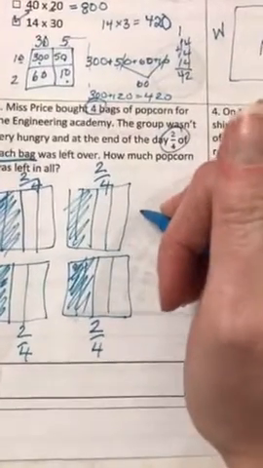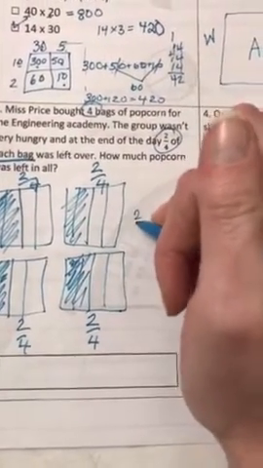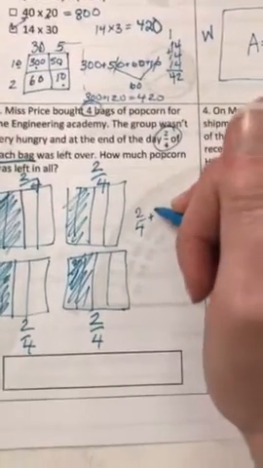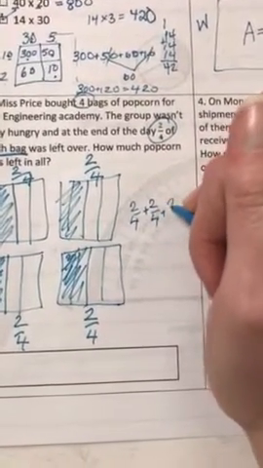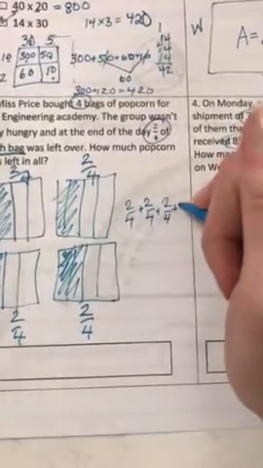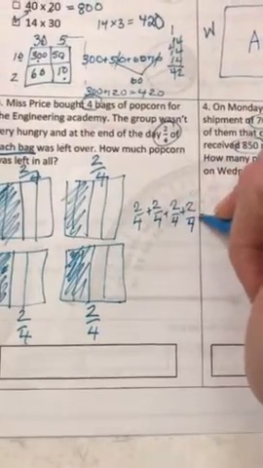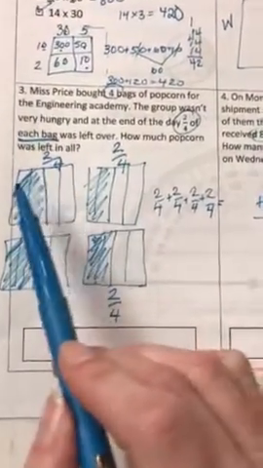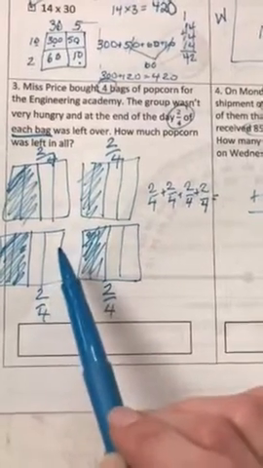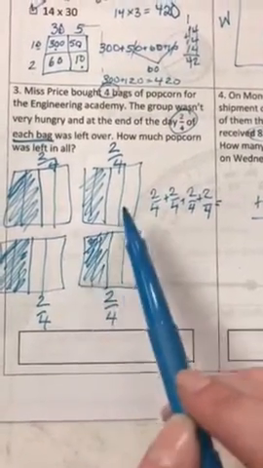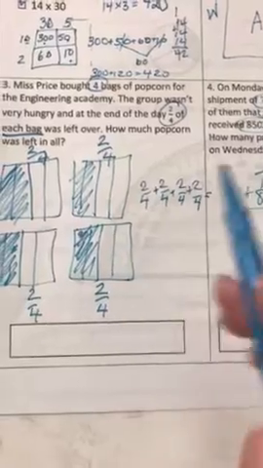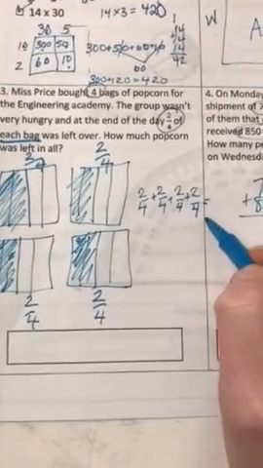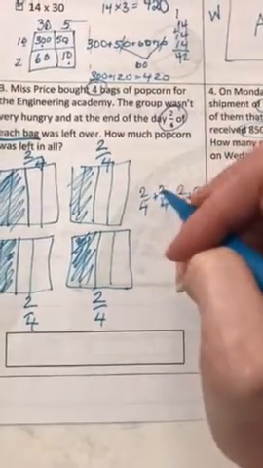So really what I'm going to do is add 2/4 plus 2/4 plus 2/4 plus 2/4. Okay, you can look at this and notice if I put these 2 together, I'm going to make a whole. Then I put these 2 together, I make another whole. So this really will equal 2.